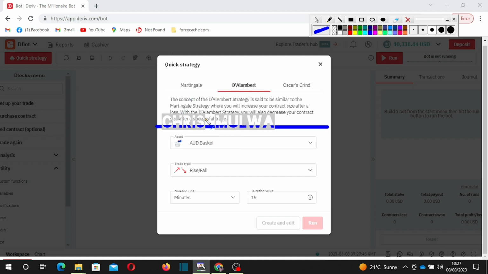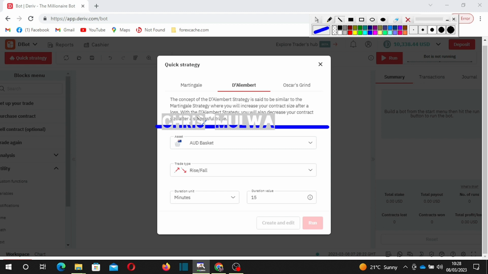You can read it for yourself, but for those who are listening, the concept of the D'Alembert strategy is said to be similar to the Martingale, where you will increase your contract size after a loss. With the D'Alembert strategy, you will also decrease your contract size after a successful trade.